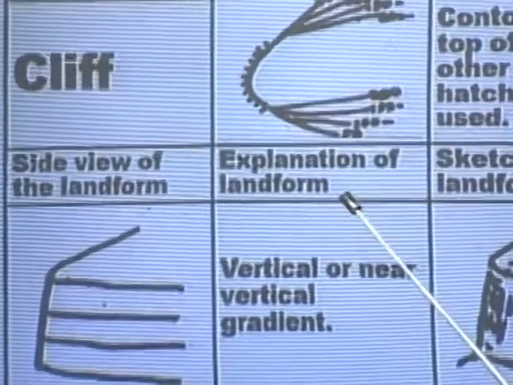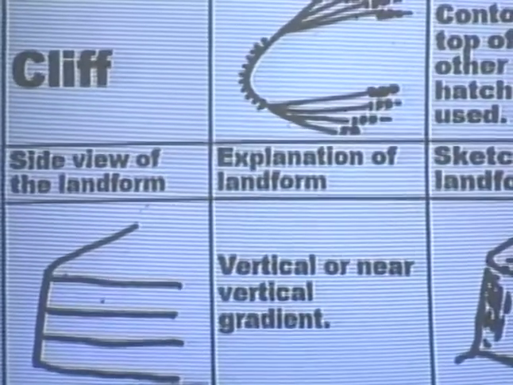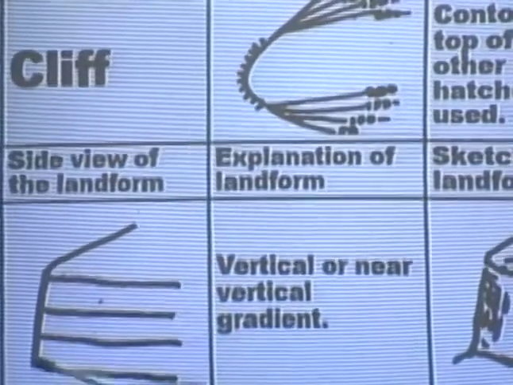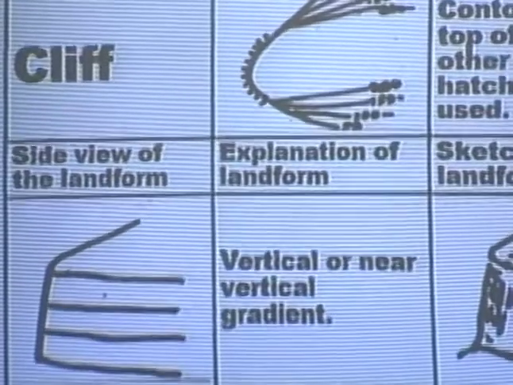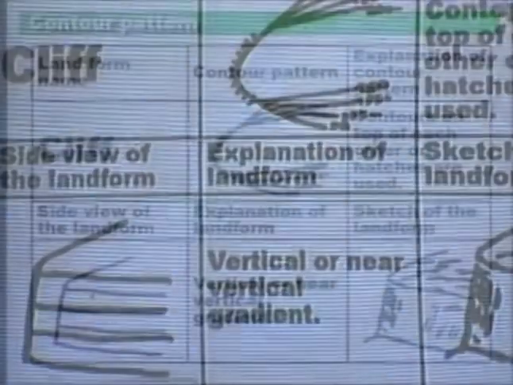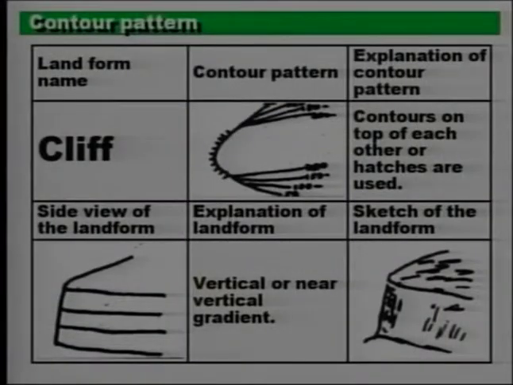The explanation of the landform: vertical or near vertical gradient, especially for this section here of the feature. And a sketch of a cliff would look like what is shown here on the monitor. Okay, that is that for the landform of a cliff.